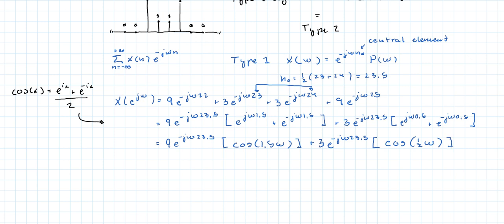So for it to be in the actual exponential form, we can't have anything in front of e to the minus jw n sub naught. So we're going to bring back the factors 9 and 3.